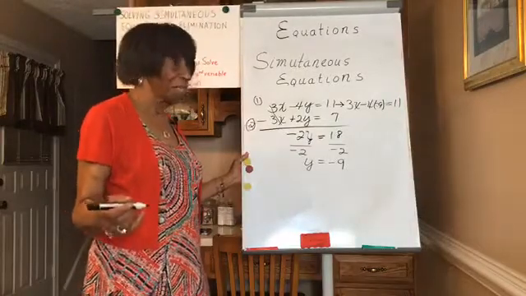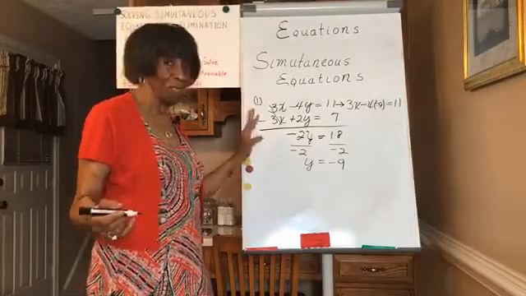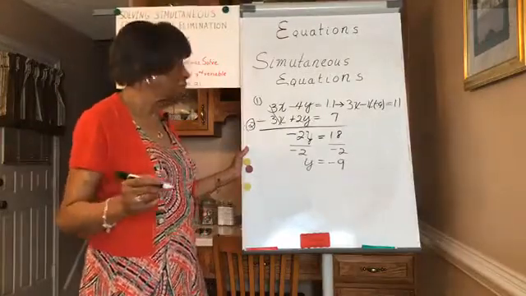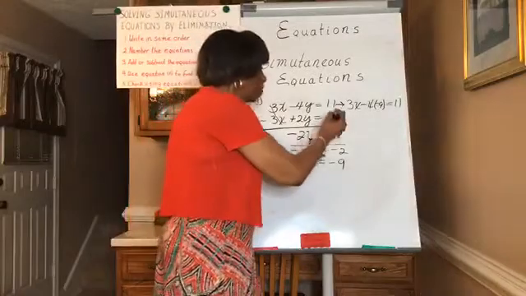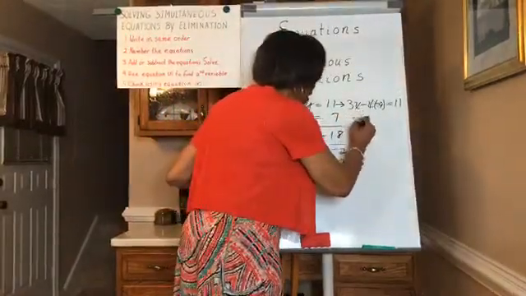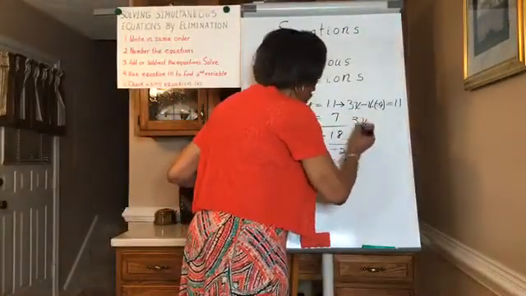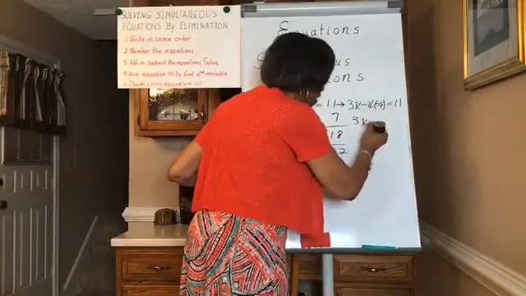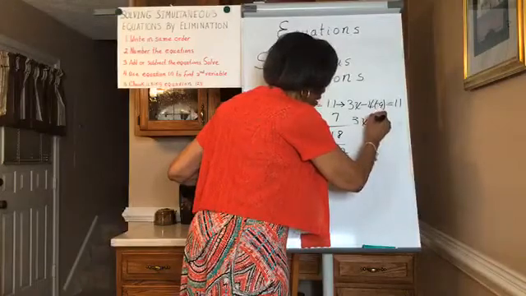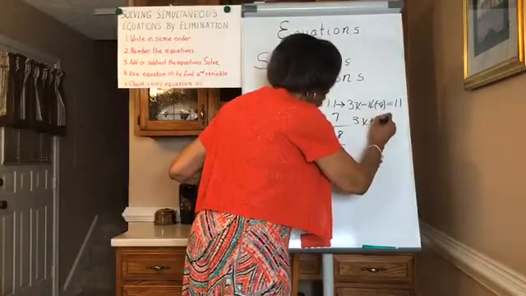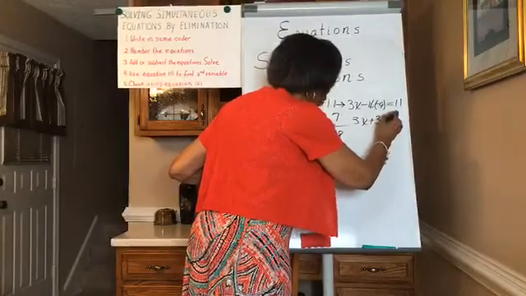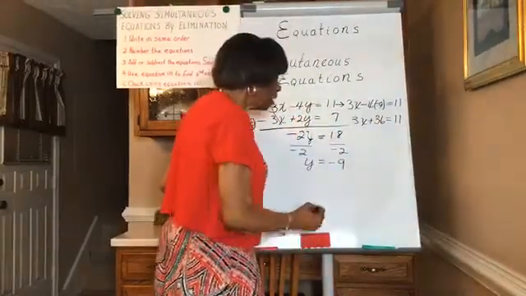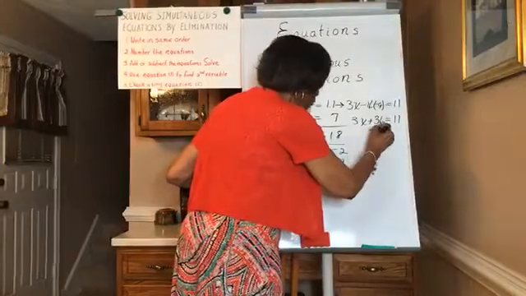So this one we're solving together because I didn't quite write it exactly right, so I'm not sure what the answer is for this one yet. All right, so we have 3x. Negative 4 times negative 9 is a positive what? 36, equals 11. Okay, so we subtract 36 from both sides.